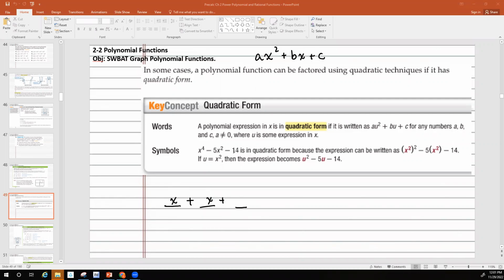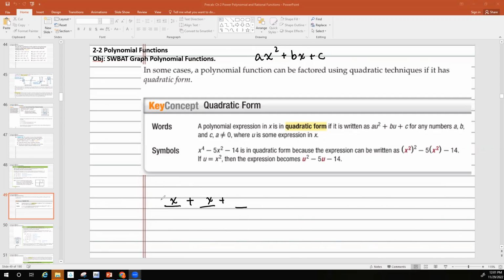Now quadratic form is going to be similar, whereas it's going to be multiples of this. So we're going to use multiples of these exponents here.